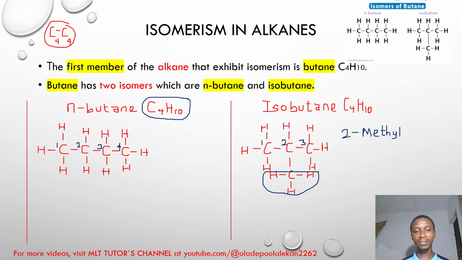Now we count the total number of carbon atoms we have at the longest chain, which is the parent name. 1 to 3 is 3, and the alkane with 3 carbon atoms is propane. So the IUPAC name will be 2-methylpropane.